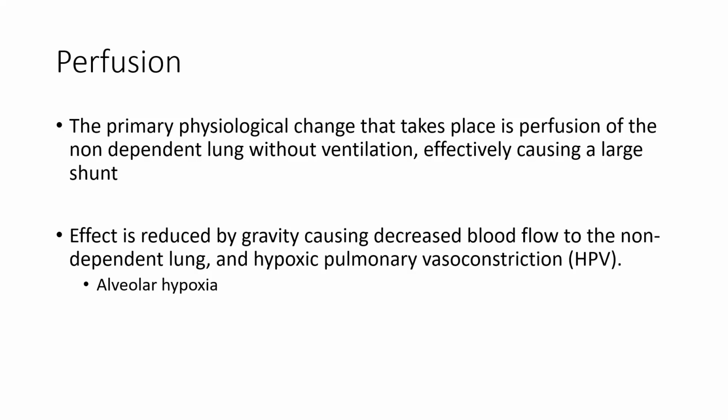So the moment we clamp the lung lumen, the alveoli will experience hypoxia and hypoxic pulmonary vasoconstriction will be activated. At the same time, gravity will cause decreased blood flow to the non-dependent lung. So this will minimize the hypoxemia.